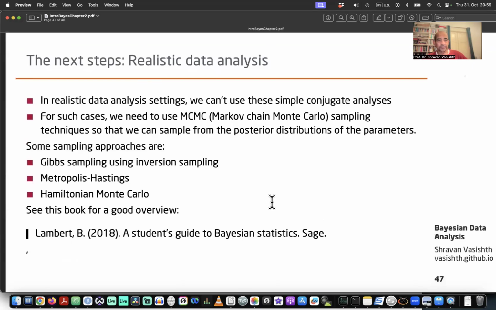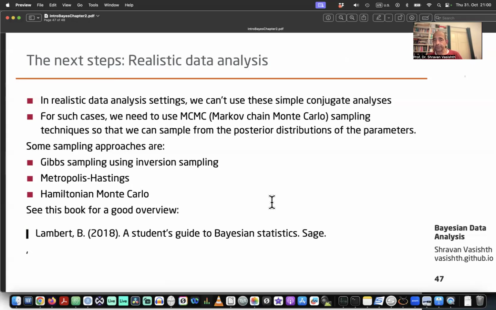Okay, so the next step that we will now take is that these two analyses that I showed you with the beta binomial and Poisson gamma, these are analytical examples we can do on paper, but in realistic data analysis, we won't have these simple conjugate cases. So we will have some likelihood function and we will have dozens of parameters. And just multiplying out the priors with the likelihood is not going to be a feasible task anymore.